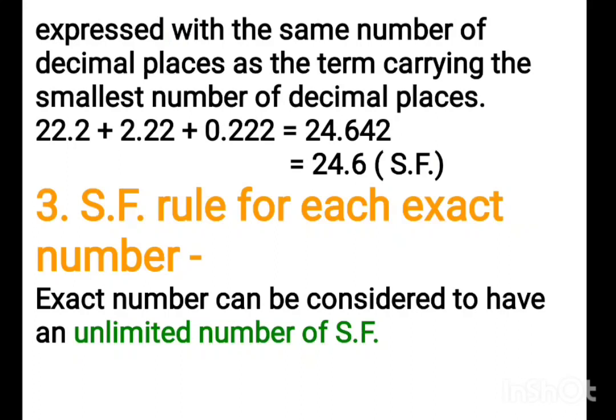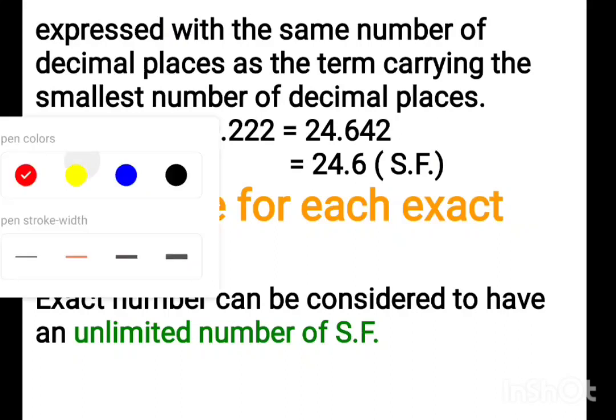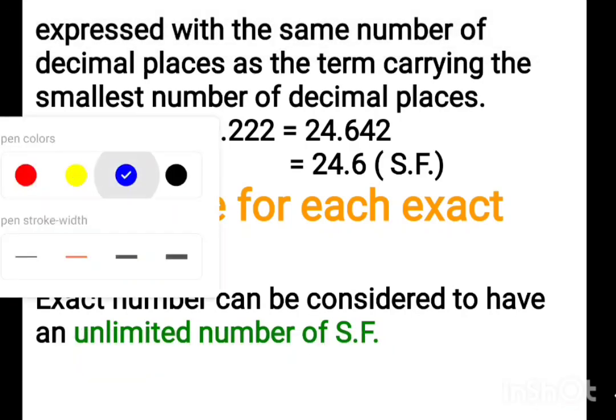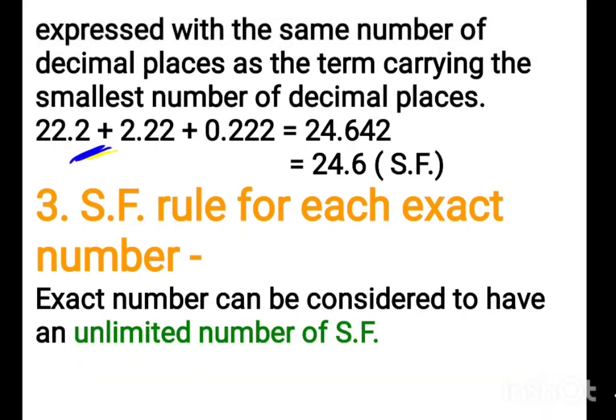For example, consider one decimal, two decimal, three decimal, so we have to consider the smallest number of decimal places, so we use only 1 decimal.